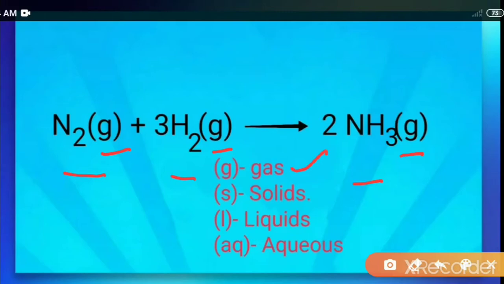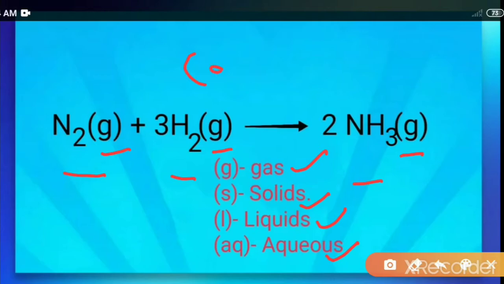While writing an equation, we represent the physical state of the reactants and products by writing g for gas, s for solid, l for liquid and aq for aqueous.